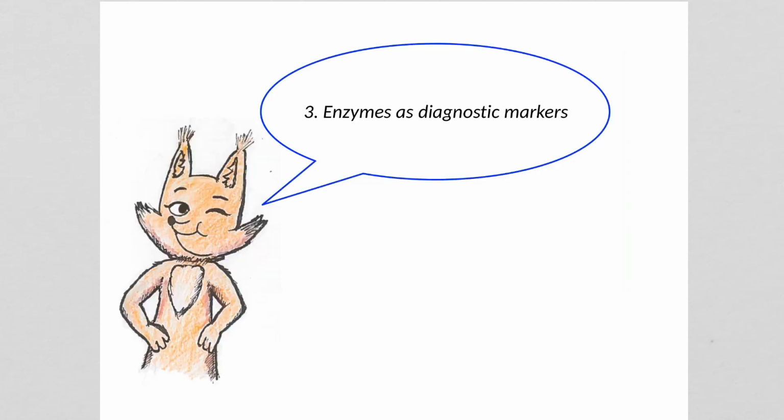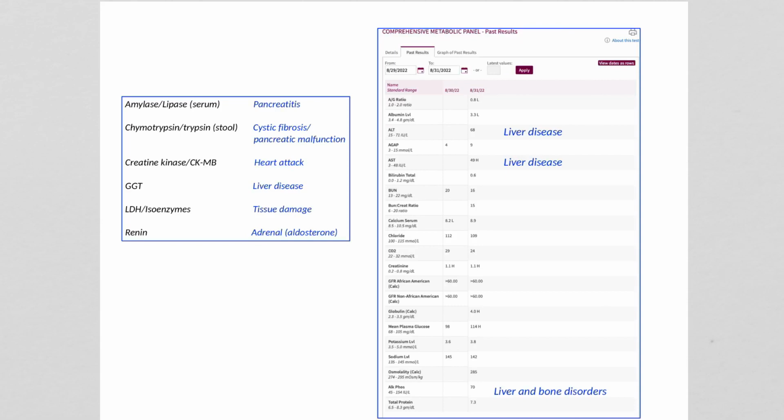The third reason why healthcare professionals need to understand enzymes is because enzymes are used as diagnostic markers. Here are some examples. The enzymes ALT and AST, these are transaminase enzymes, which we'll talk about later in metabolism.